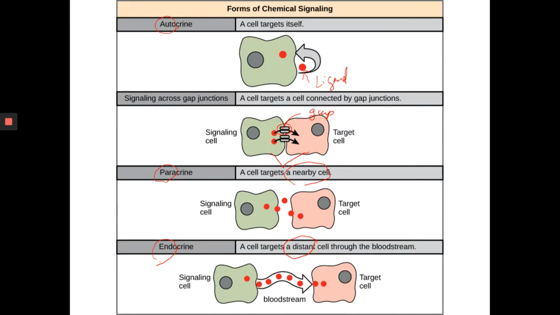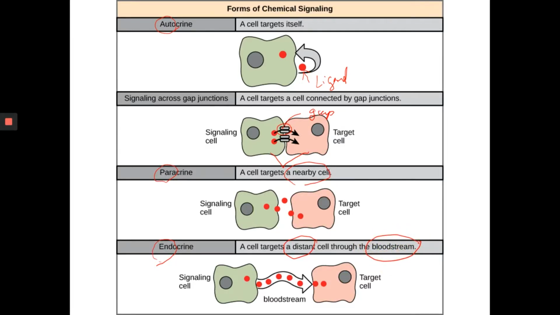So for example, the thyroid hormone secreted by your thyroid gland, which is in your neck, can affect pretty much all your cells. Whether it's the cells in your leg or the cells in your organs, that's a very long distance. So in endocrine cell signaling, the ligands, you see these red dots, are going to travel in the bloodstream and then get to their target cells.